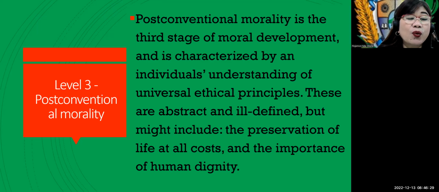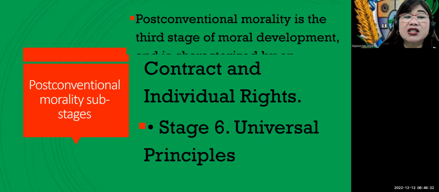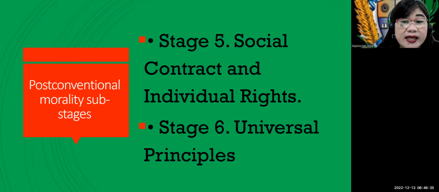Okay. So, what are the two stages of post-conventional morality? There is stage 5, social contract and individual rights. So what is this? This is when the child or every individual becomes aware that while laws might exist for the good of the greatest number, there are times when they will work against the interest of particular individuals.